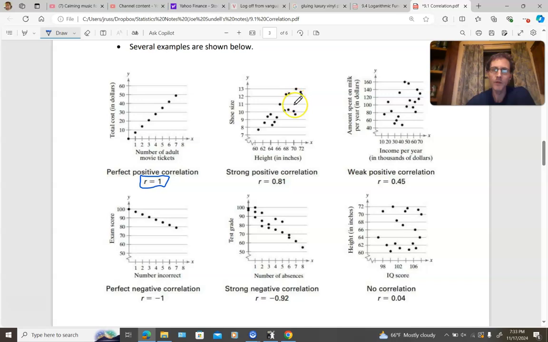Okay, and we can sort of see that evidenced. These points are kind of clustering around a line sort of like this, but this is not a perfect linear correlation. That's what I want to point out.